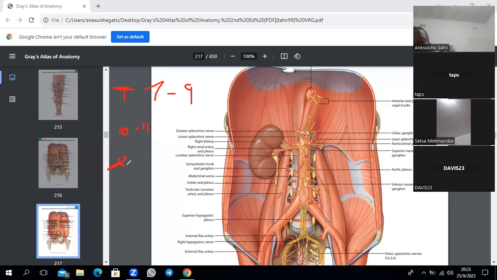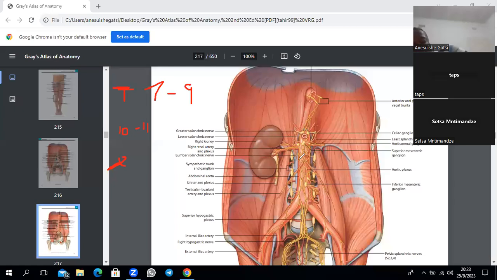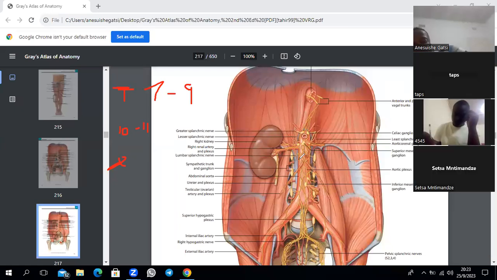Those are some of the nerves that you refer to when you're doing your lessons, right? Then we can also do a sympathectomy for treatment. So we can do a lumbar sympathectomy, where you remove some of the lumbar ganglia, right?